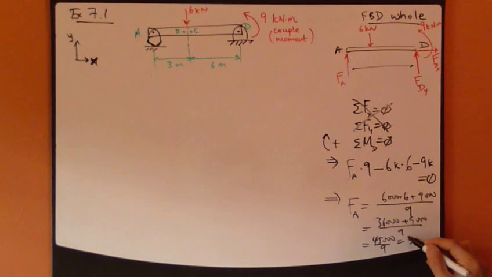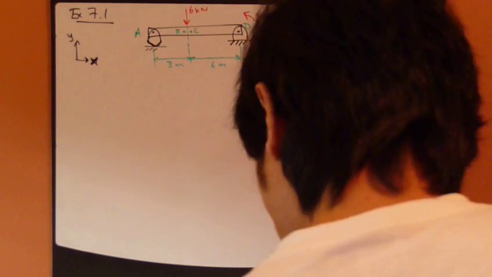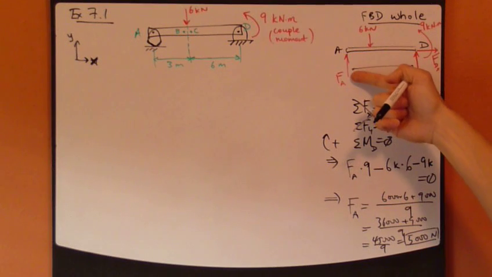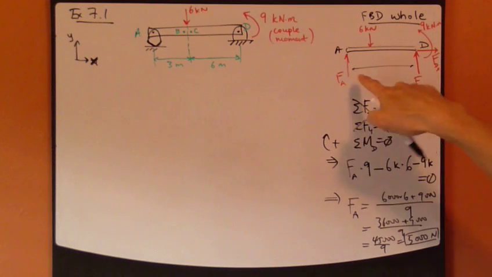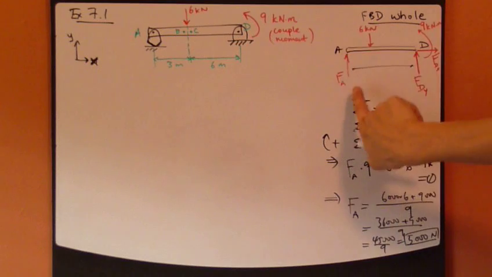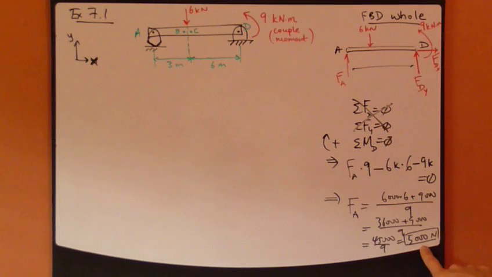So you get 5,000 units. So FA is 5,000 newtons. It's a positive number, which means that this direction is correct. So I've assumed the correct direction for this reaction force FA of 5,000 newtons.